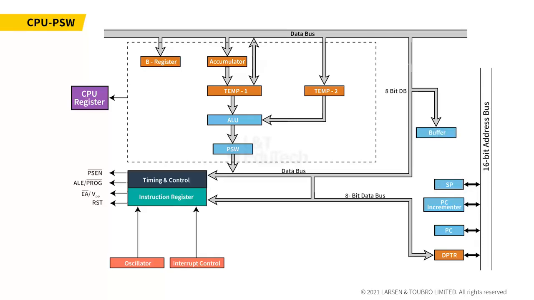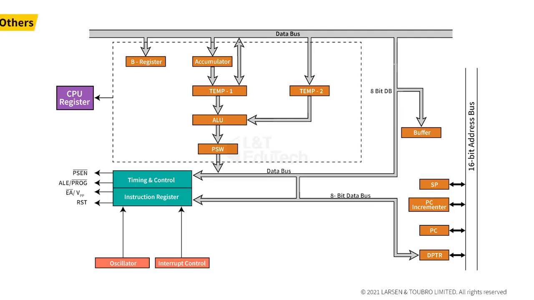The new block of interest, unlike our 8085 microprocessor, is DPTR, which is called data pointer in 8051. 8051 uses this to access external memory by storing a 16-bit address in DPTR.